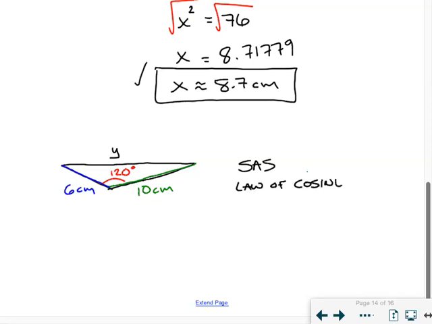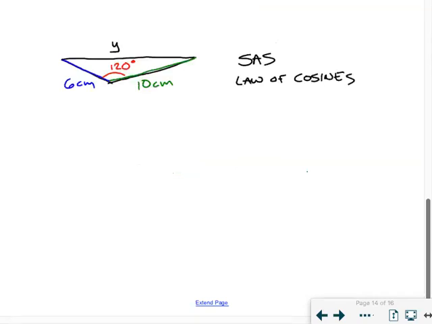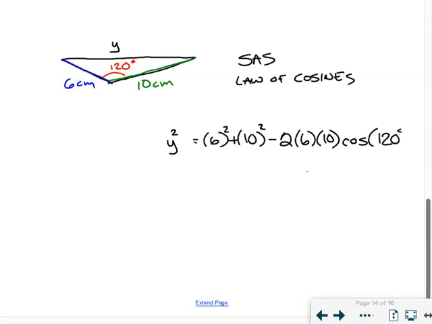So it's a safe scenario to use the law of cosines. We're going to set it up as y squared is equal to 6 squared plus 10 squared minus 2 times 6 times 10 times the cosine of 120 degrees. Again, take your time. 36 plus 100 minus 120 cosine 120 degrees.